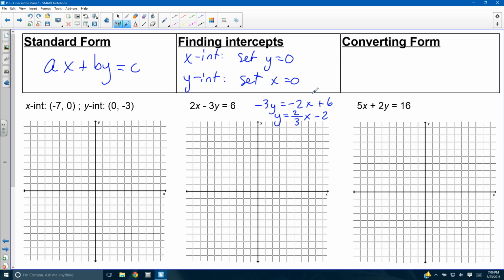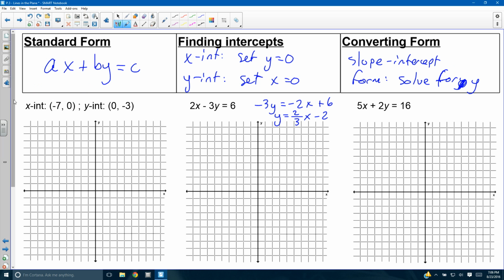Converting form, that's what I was doing right here. Convert to slope-intercept form by solving for y. So you may do that as well if you absolutely feel you must. A reason why you might want to do that is if your intercepts are fractions and not integers.